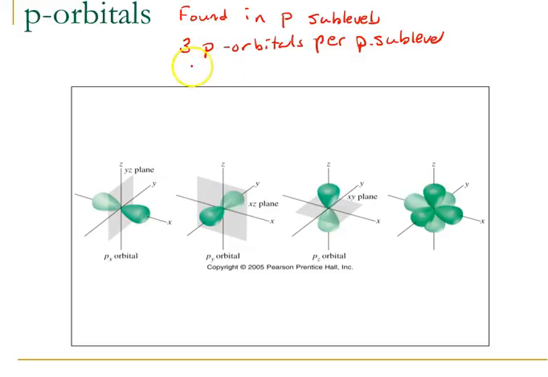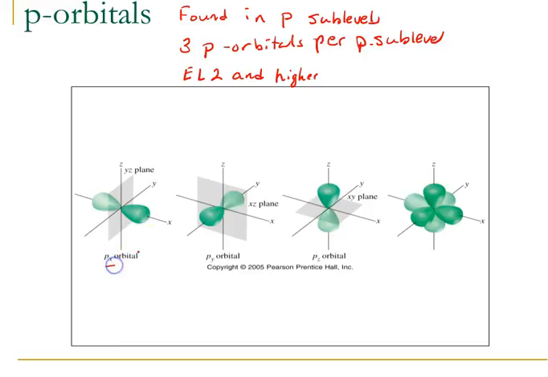P sublevels are found on energy level 2 and higher. And as you can see from the arrangement here, we have a sort of dumbbell-shaped orbital. This particular one is arranged on the x-axis.